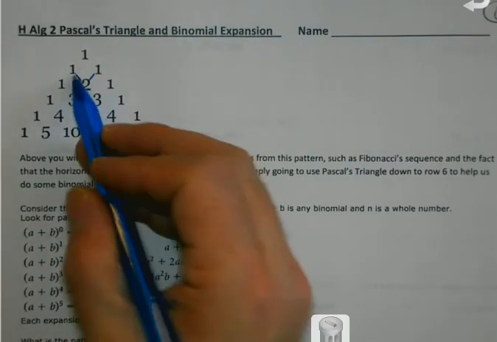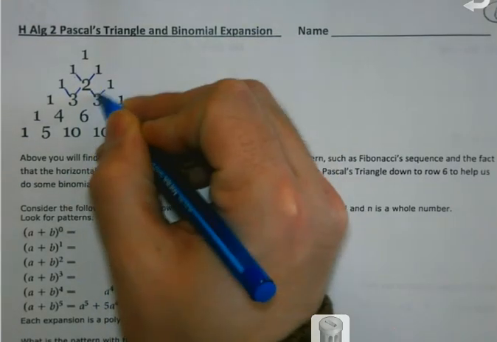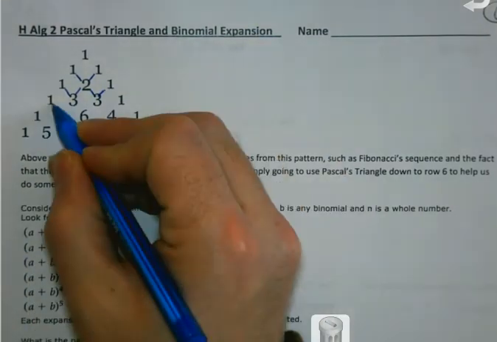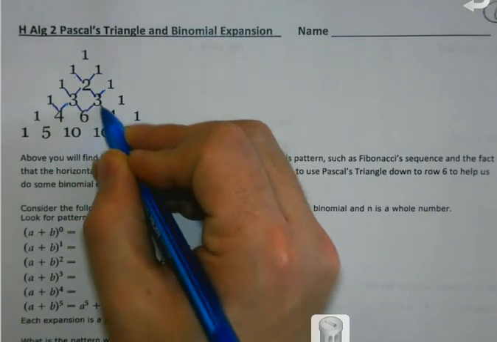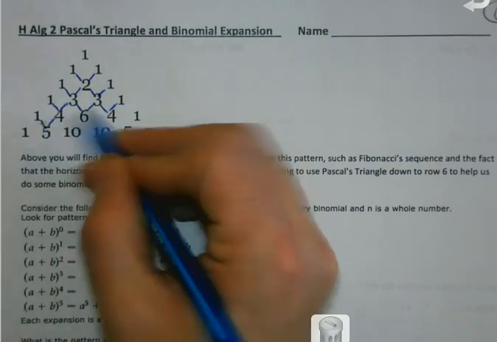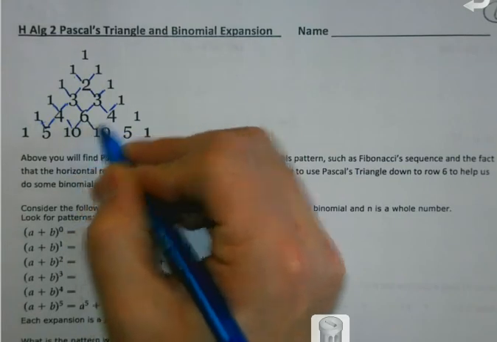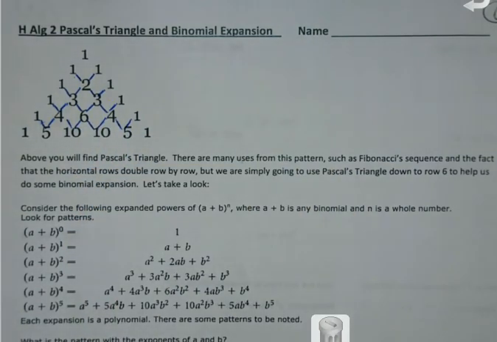So, for instance, 1 plus 1 is 2. 1 plus 2 is 3, as is 2 plus 1. And you can just keep making this pattern. 3 plus 3 is 6. 3 plus 1 is 4. And it just keeps going and going. It could infinitely continue this way with that same pattern, stretching and getting longer and longer.